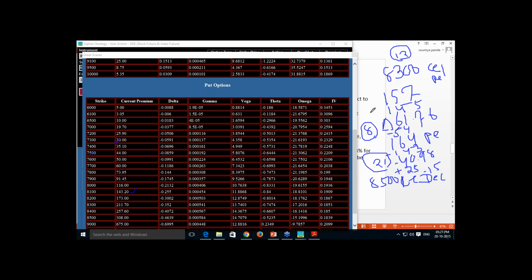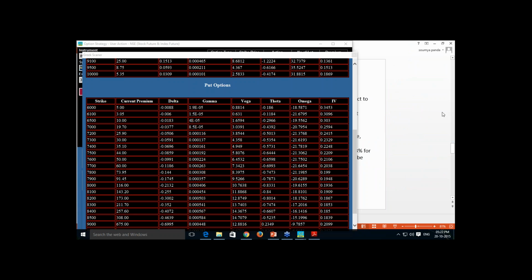So you have a plus 8 and minus 15, so minus 7 is the net delta you have derived. This is how you can do it, and profit is also not compromised, while losses are also compromised in a great order.